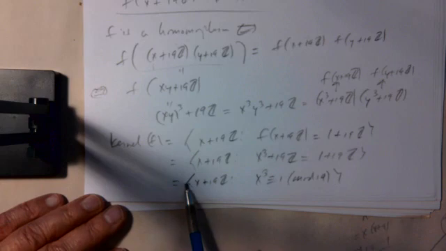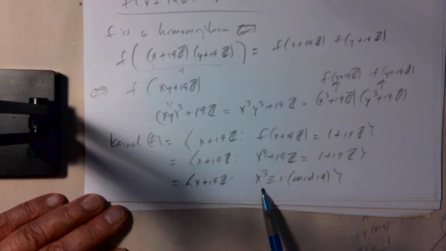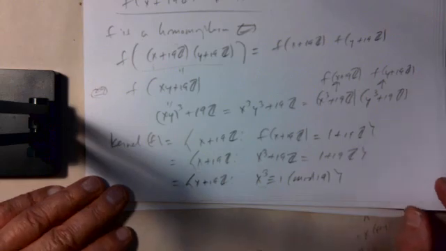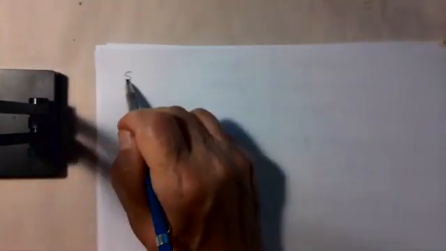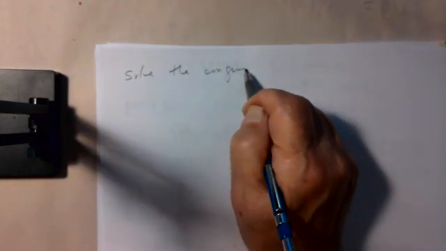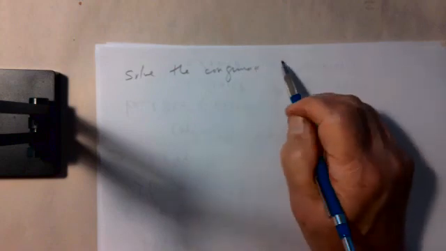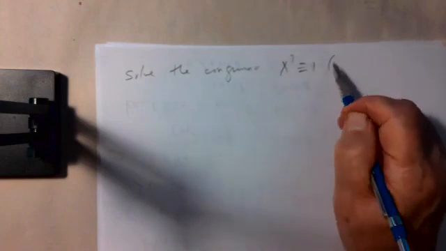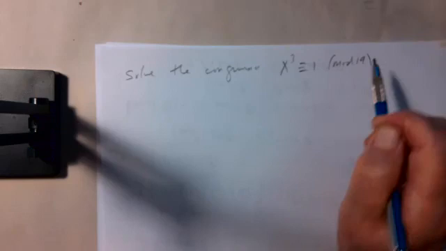So the kernel of this homomorphism is all of the cube roots of 1. All the numbers such that x cubed is congruent to 1 mod 19. So we have to solve the congruence x cubed congruent to 1 mod 19.